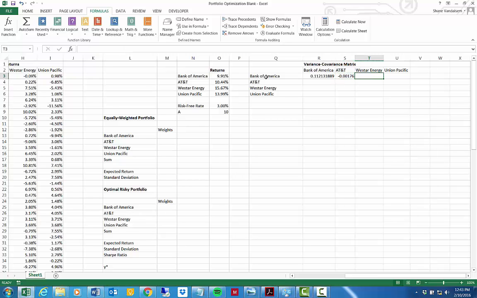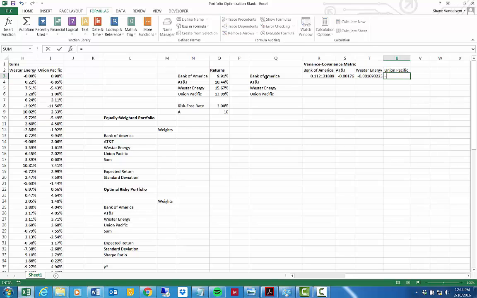For the next one, I'm going to put in equals COVAR BAC return, Westar return. There we go. And multiply that by 12.